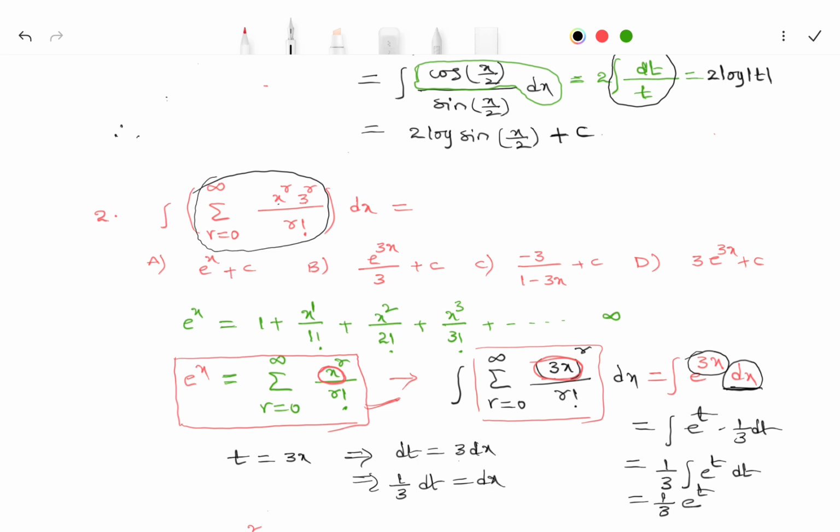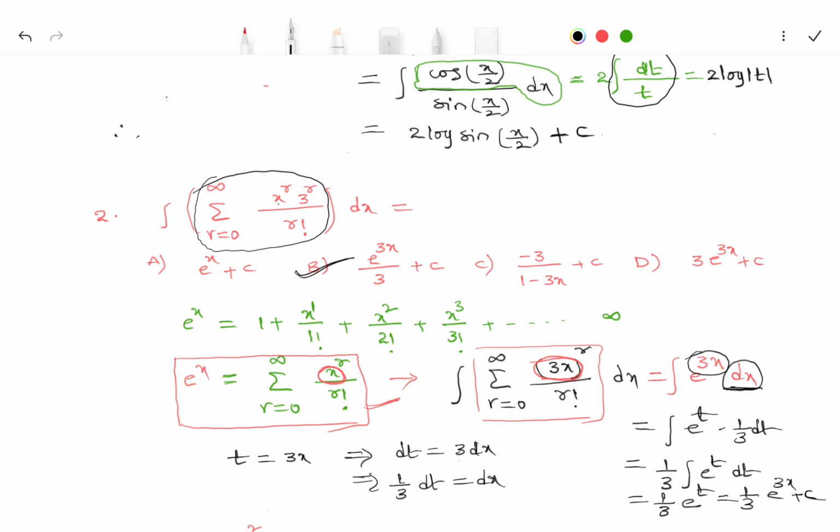But the given question is in terms of x, so the t value should be replaced: 1 by 3 into e to the power of 3x plus c. This is the integral constant. So what is the correct answer? B is the correct answer.